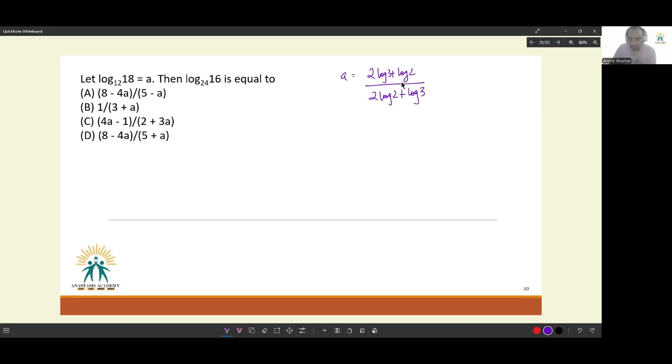Okay, first let me work with this. log 16 by log 24 is 4 log 2 by (3 log 2 plus log 3).